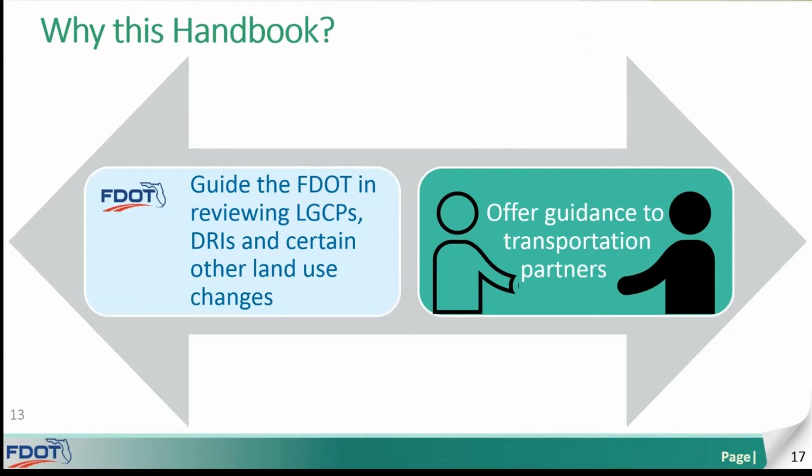And I apologize for the alphabet soup there, but anytime we go over something like that, if you don't know what the acronym is, just ask us a question. But in addition to dealing with guidance for DOT staff, this handbook also offers some guidance to the development community and to our local government colleagues on what we think is the proper way to analyze transportation impacts of new growth.